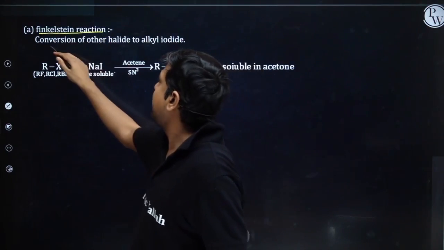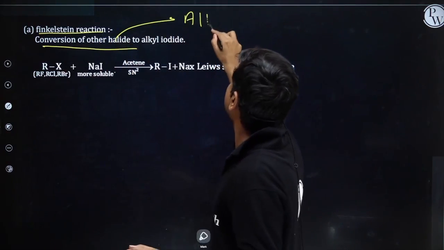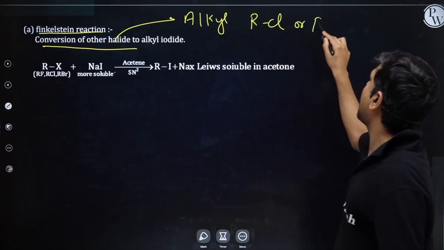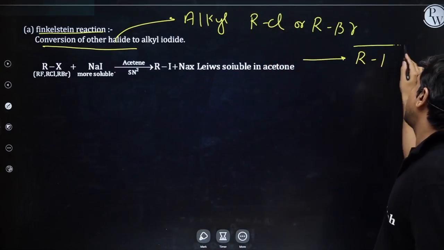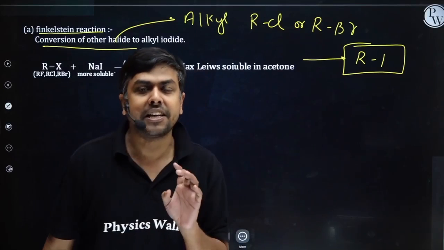Conversion of any alkyl halide, mainly alkyl chloride, that is RCl or RBr, to alkyl iodide. This particular method is used, and the reaction is Finkelstein reaction.